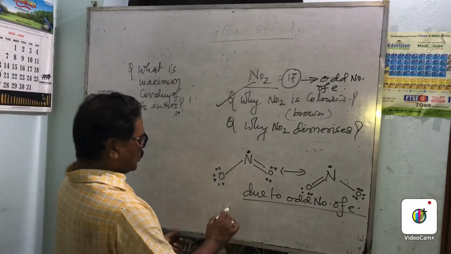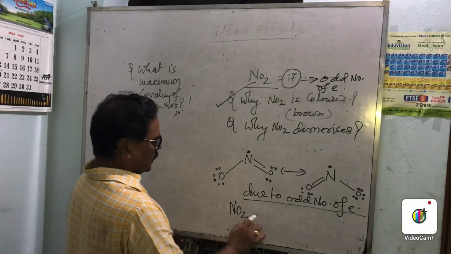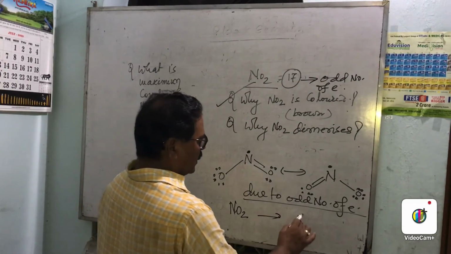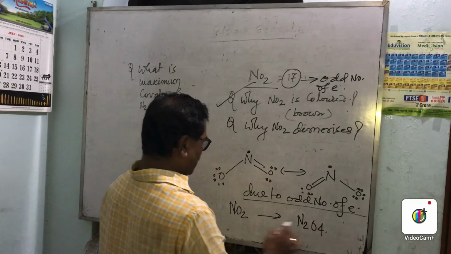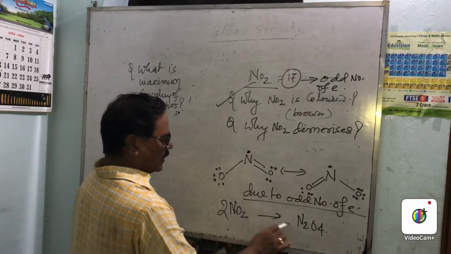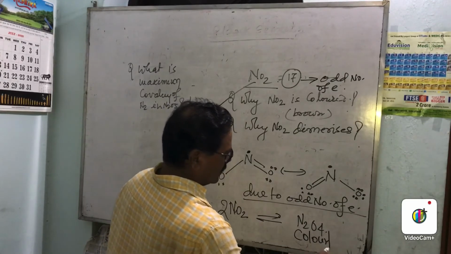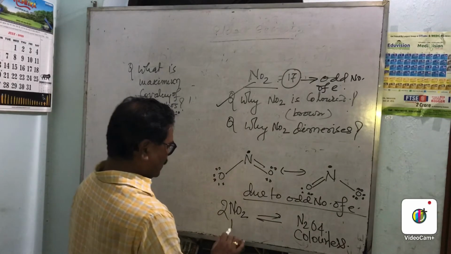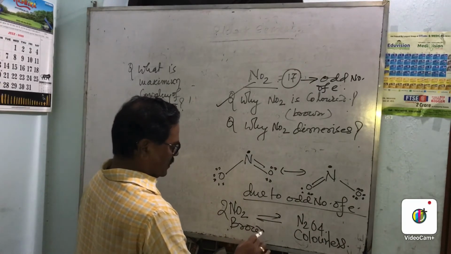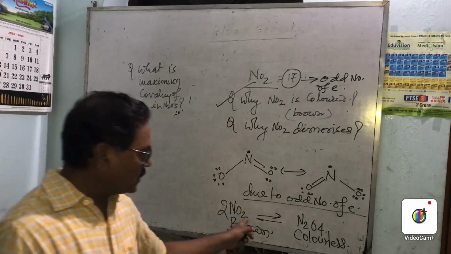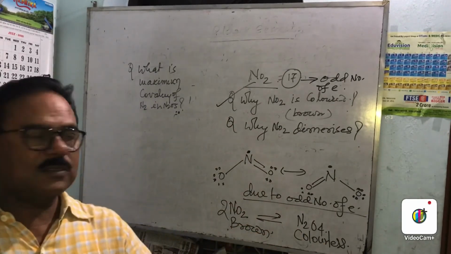Now this NO2, if we take two molecules, NO2 plus NO2, and it dimerizes, it becomes N2O4. This is colorless, and NO2 is brown in color. The question asks why it dimerizes?